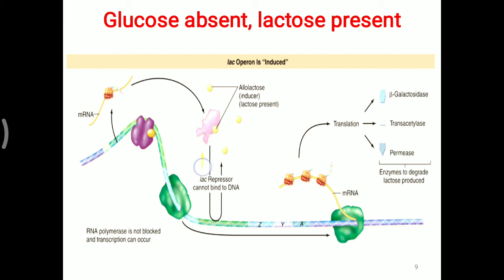Now, once there is a lactose-repressor molecule complex, it is not able to attach over the operator site, so the RNA polymerase attached over the promoter site will go further over the structural gene, and this structural gene will be transcribed, further translation will occur, and the particular protein or enzyme needed for lactose metabolism will be synthesized. So finally, with the presence of lactose, the enzymes needed for lactose metabolism will be synthesized and utilized for lactose metabolism.